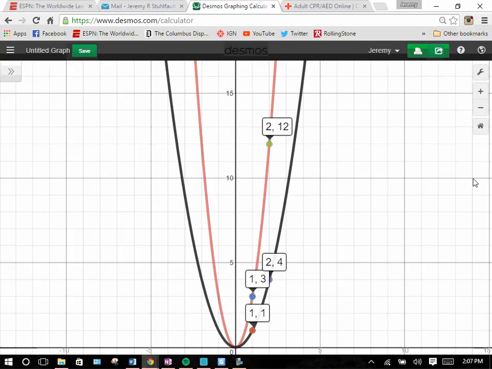No, it's 3. There are the points up there. 3x squared.